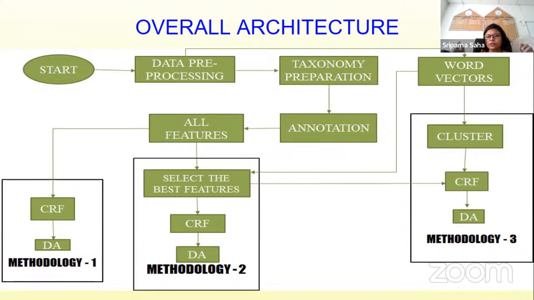So instead of using the exact vector representation of a particular word, we are simply using the cluster number to denote that word. We replace the word with the corresponding cluster ID, and that will be our new feature vector.